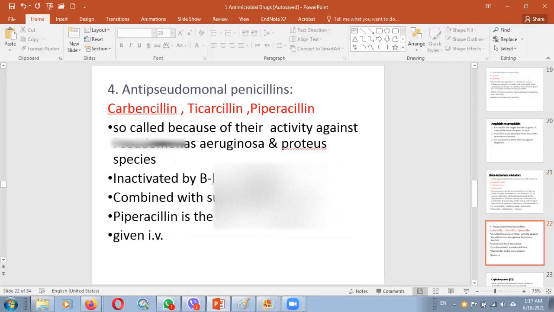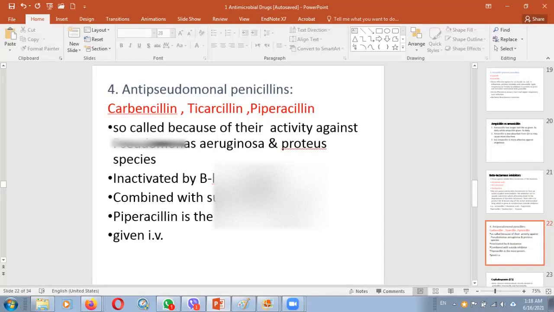Next we have the antipseudomonal penicillins. Pseudomonas aeruginosa is a serious pathogen and it may cause many life-threatening diseases. Therefore pharmaceutical companies took interest in it and made antibiotics that target Pseudomonas specifically. Examples are carbenicillin, ticarcillin and piperacillin.